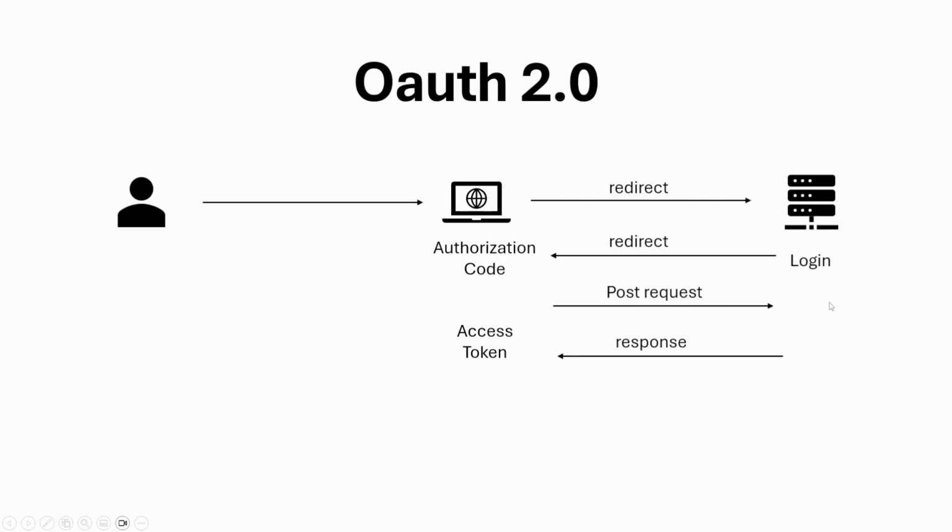With that information, the server can analyze if the authorization code is valid and if the client secret is valid too, and only after that will the server give us the access token. So now we just need to make this step here.